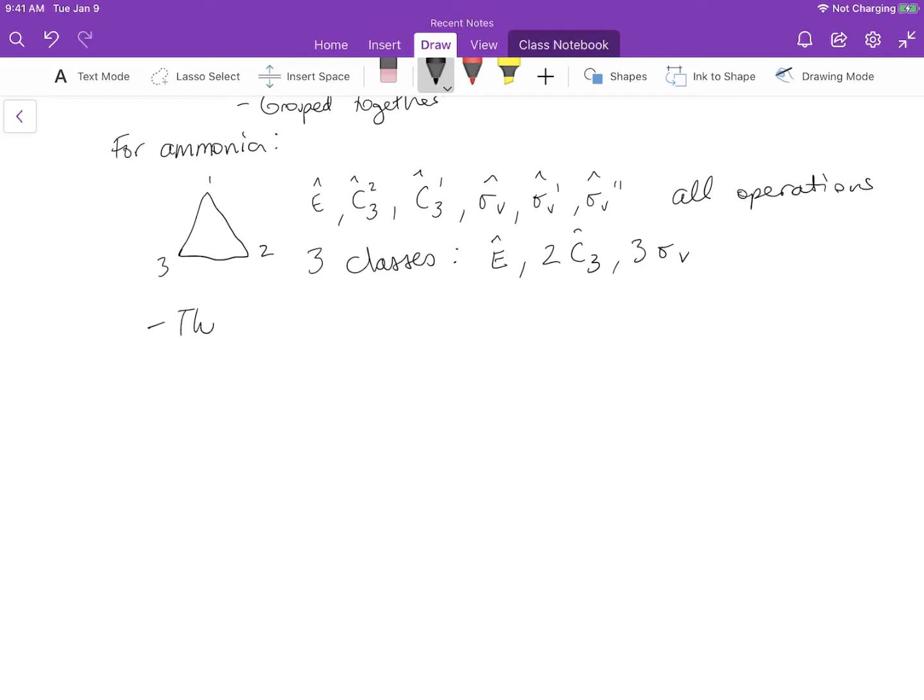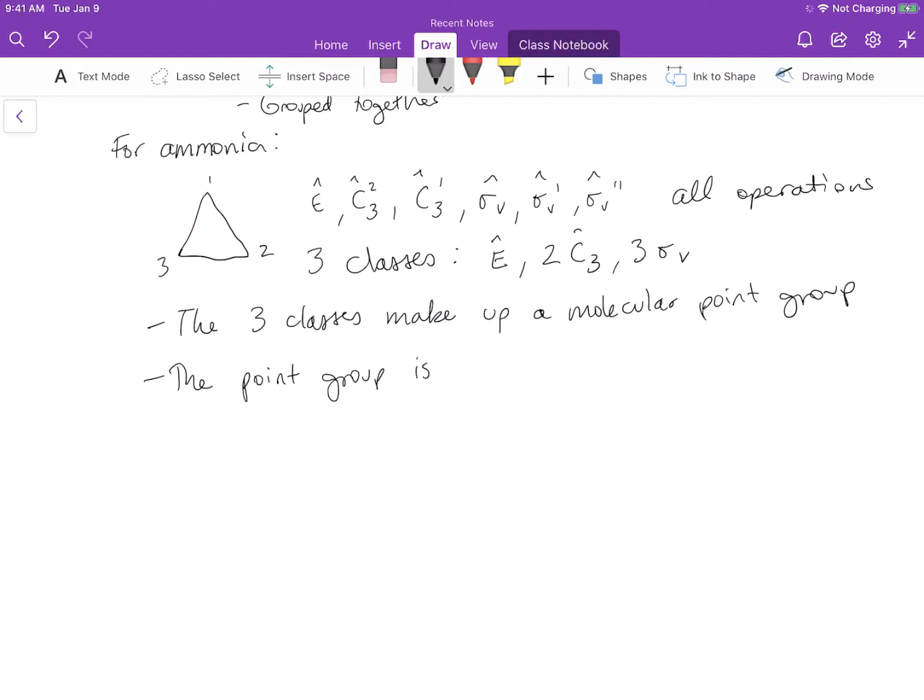And then the 3 classes make up a molecular point group. And the point group is represented by a Schoenflies symbol. And so in the case for ammonia, this is called C3v.